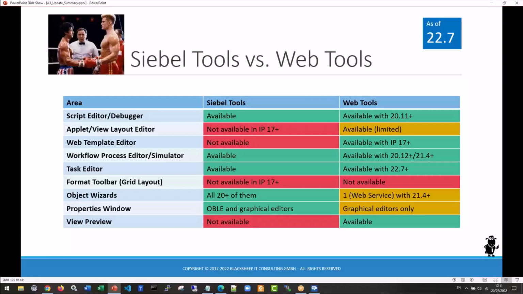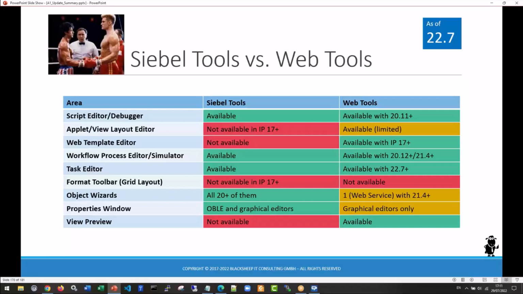It gets an amber color. It's just limited. Web template editor, completely new in Web Tools since the beginning. Workflow process editor simulator parity reached in 21.4. Task editor just now.